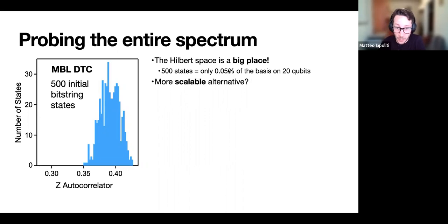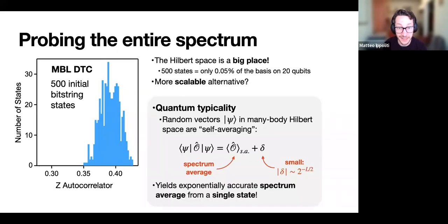So that's okay, but of course this is going to get exponentially more demanding as you increase the number of qubits. So it's desirable to have a more scalable alternative to this approach that takes advantage of some of the capabilities of this device.